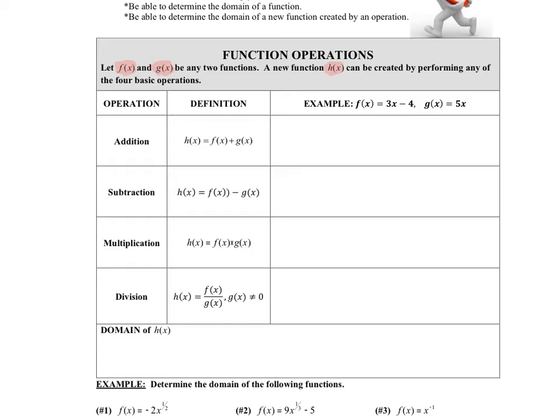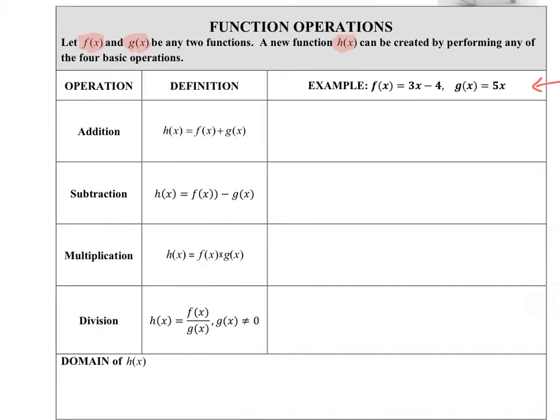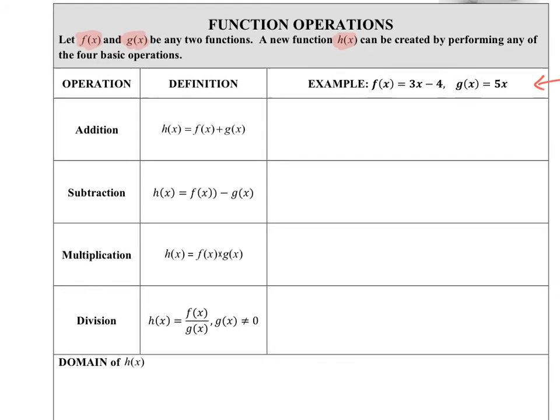So if we have f of x and g of x, which are up here on the top, two functions, we can create a new function, h of x, by doing some operations with them. So you can see the top operation is addition. So if we do addition, we would do h of x equals f of x plus g of x.